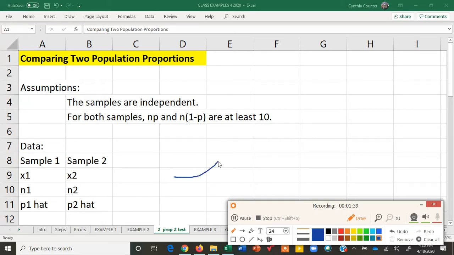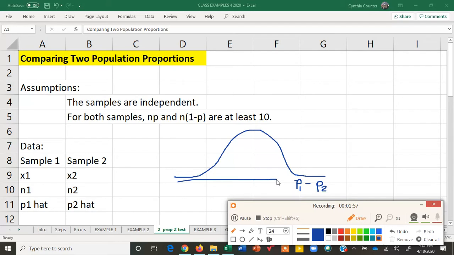So the sampling distribution here is for the difference between P1 and P2. So we are doing a hypothesis test about a difference.